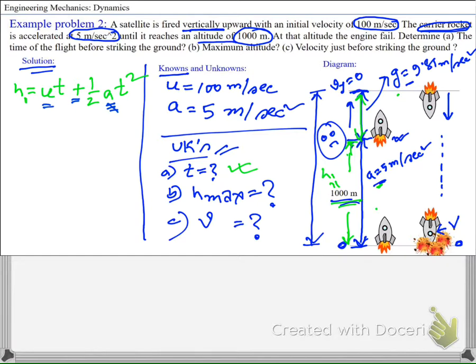So if we now put the values, h1, which is 1,000 meter, so final 1,000, initial was 0, so total 1,000 meter. u, initial velocity was 100, we don't know what t is, plus half acceleration, which is 5, and t square. So now it's a quadratic equation, ax squared plus bx plus c equals 0.